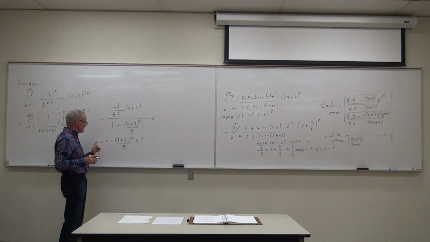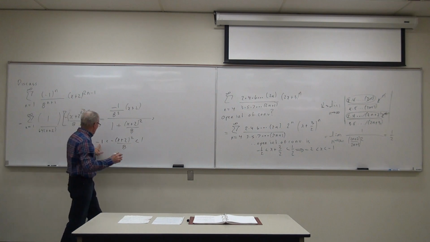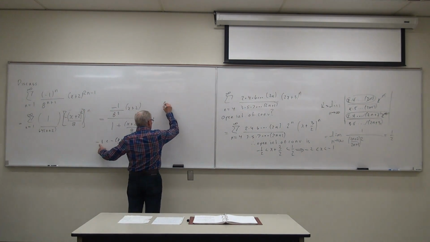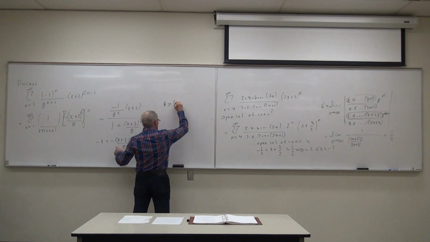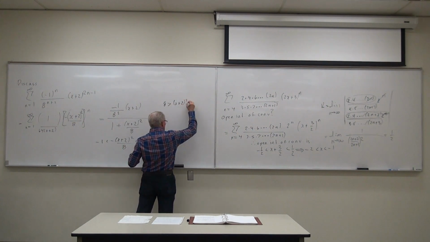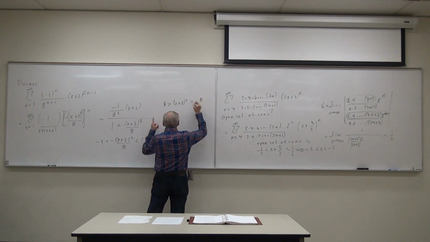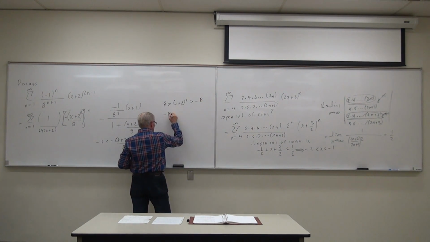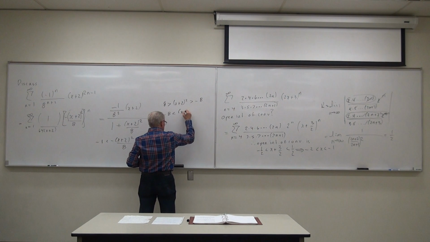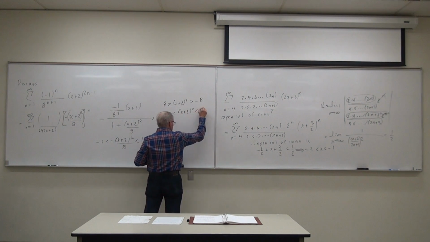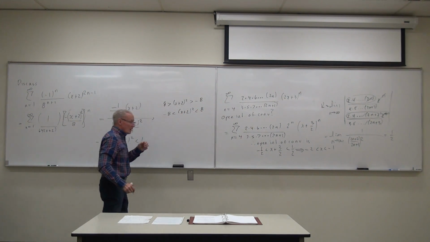So multiply by minus 8, I have to change the direction of the inequalities. Minus 8 times that, 8. Larger than x plus 2 squared, larger than minus 8. Turn it around, and I hate that way. Minus 8 less than x plus 2 squared less than 8.